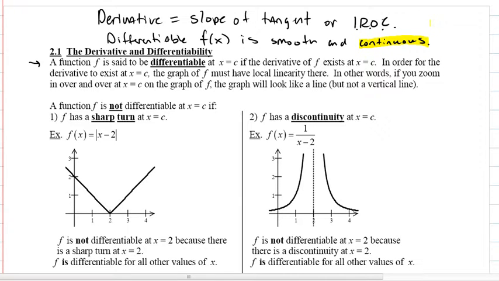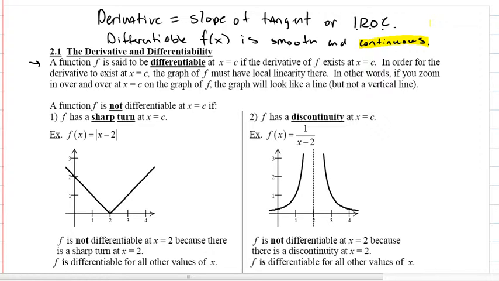A continuous function is a function that you can draw without ever lifting up your pen or your pencil. A smooth graph is a graph that looks smooth. In other words, no sharp points, no jagged edges, none of that stuff. Okay, so a differentiable function is a smooth and continuous curve.